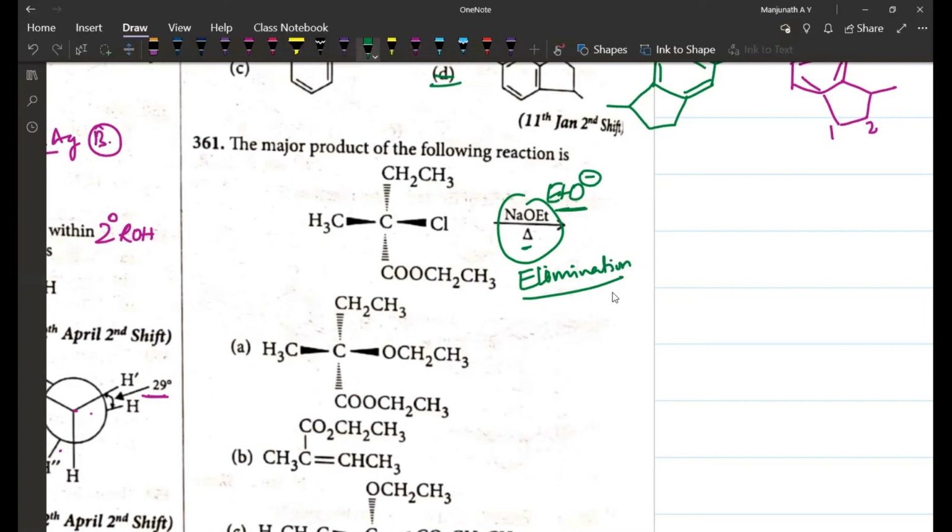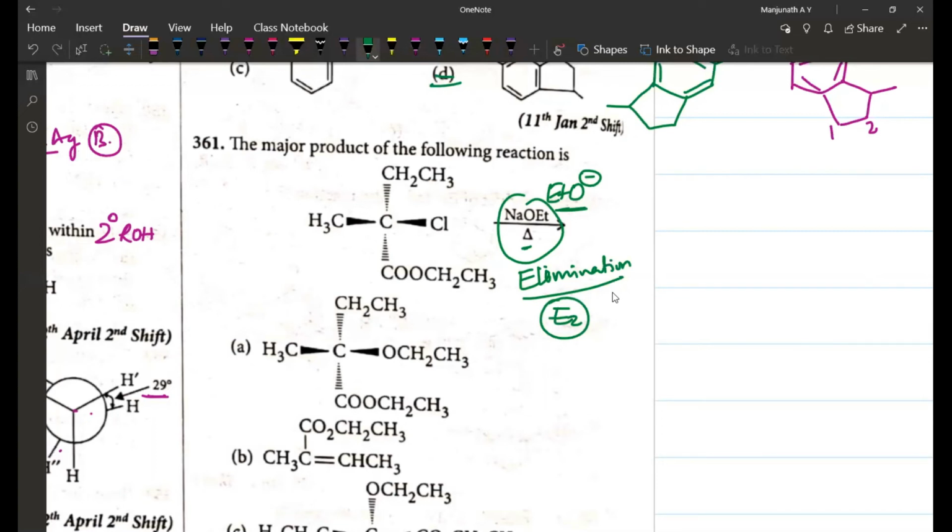So it should preferably go via E2 because of the strong base. But here it is tertiary. See, a tertiary compound can also undergo E2. But there are always steric factors involved.